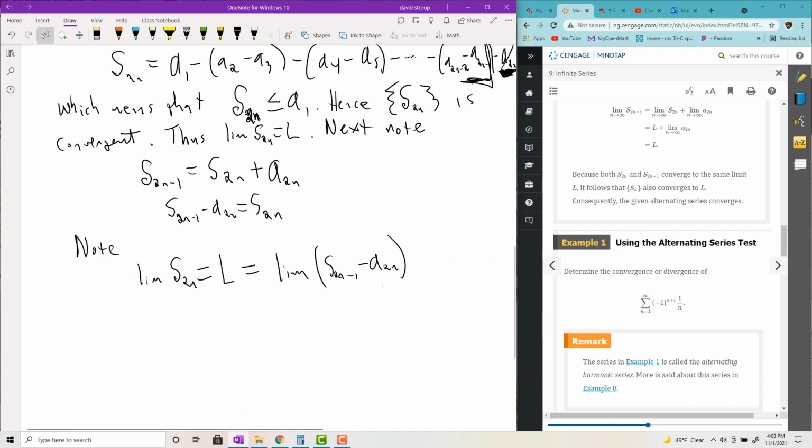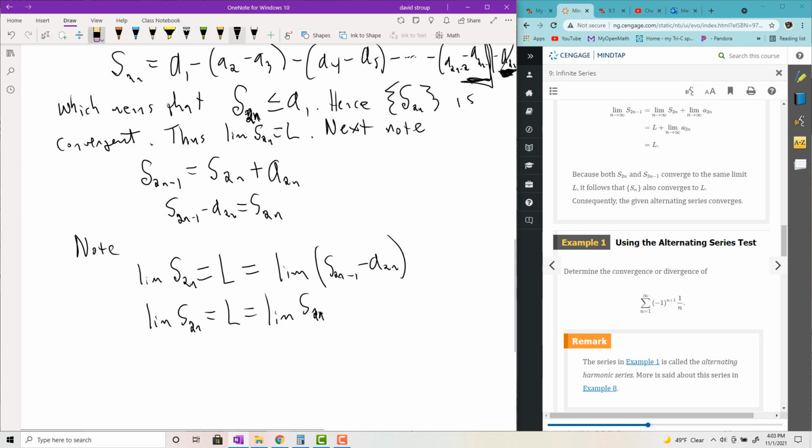So at that point, something that we need: the limit of s sub 2n, which is L, equals basically the limit of s sub 2n minus 1. And it doesn't seem like we have it, but we do.